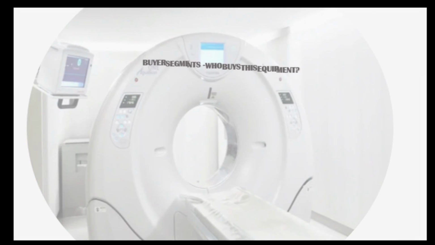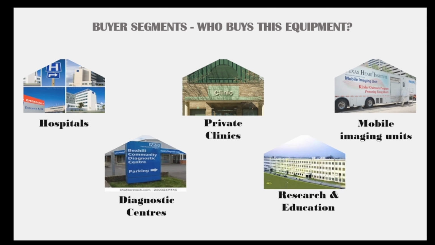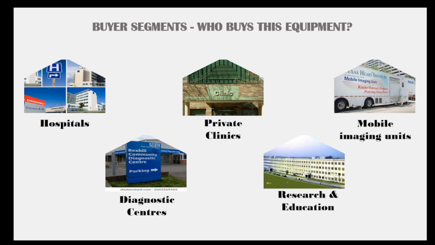Before starting the calculation, let us understand who actually buys these kinds of machines. Hospitals are obvious buyers: multi-speciality, super speciality, government hospitals, and even small nursing homes. But people often miss major segments like diagnostic centers, which represent a significant portion and are the fastest growing segment.